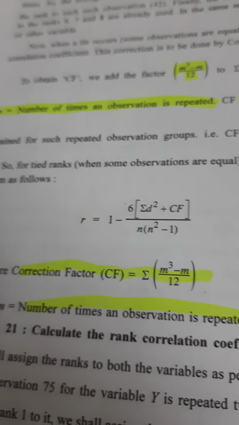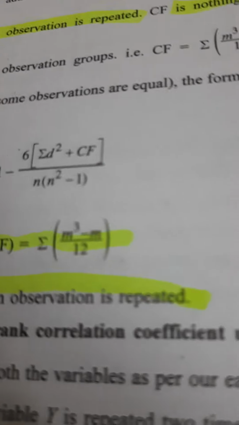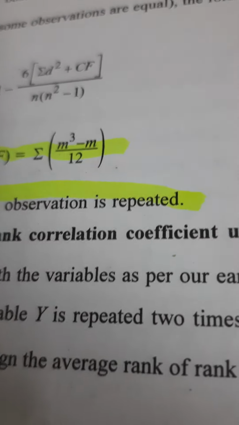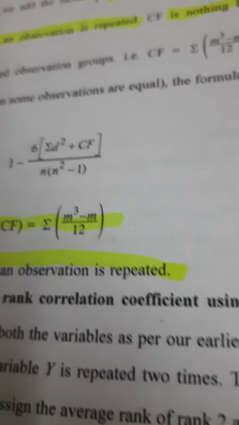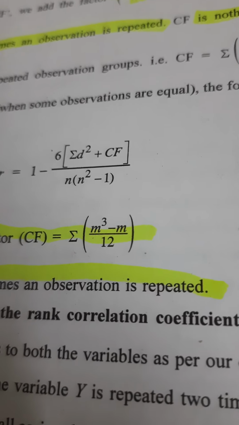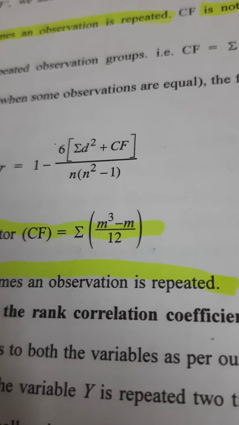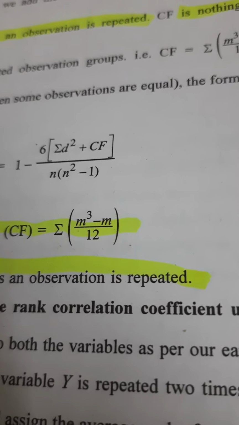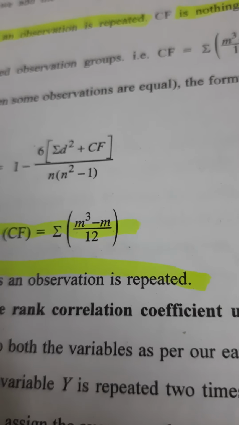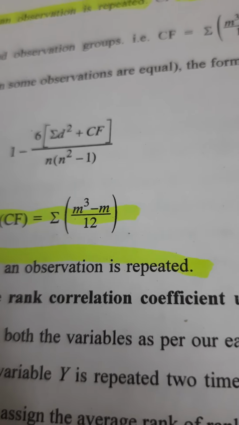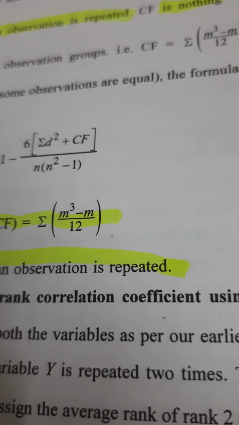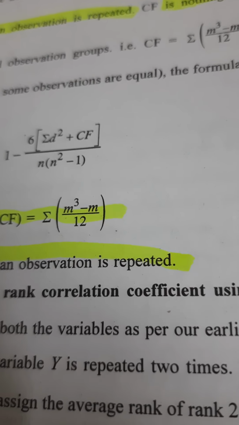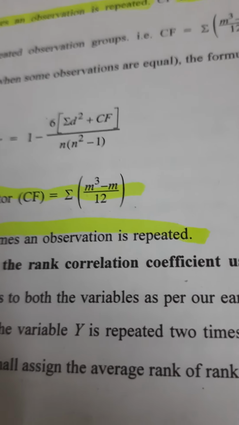Cf means the correction factor. Here the correction factor is found by the formula Cf is equal to sigma m cube minus m upon 12.